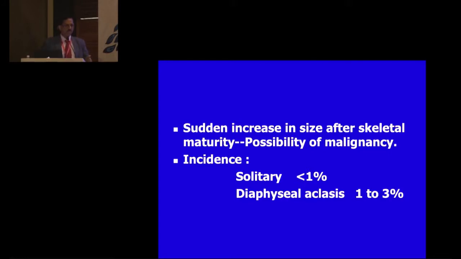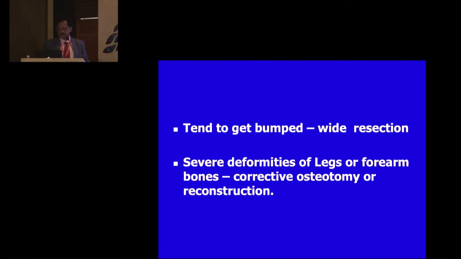One thing is very important: though essentially it is a benign lesion, at times there is malignant transformation. So, if a pre-existing swelling suddenly increases in size after skeletal maturity, there is a possibility of malignancy. The incidence in solitary cases is less than 1%, and if it is in diaphyseal aclasis, then it is around 1 to 3%.